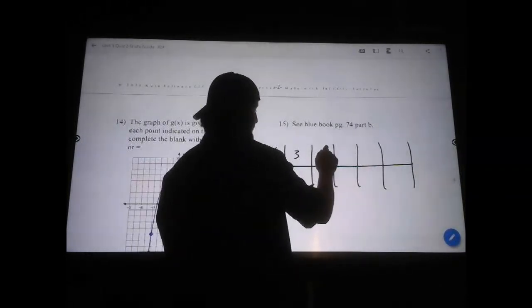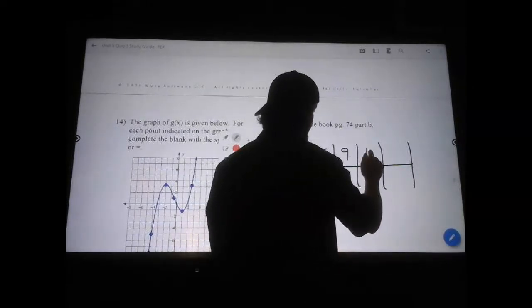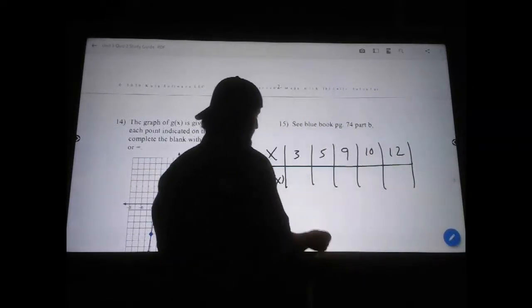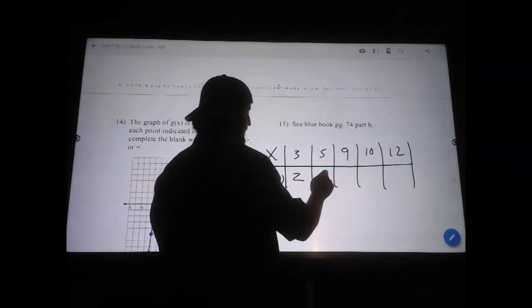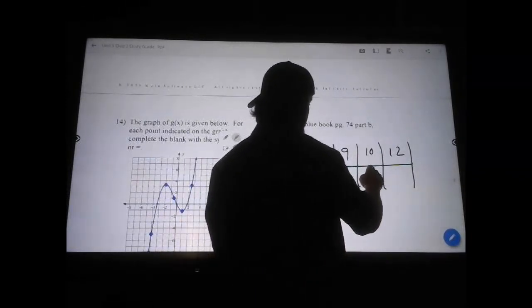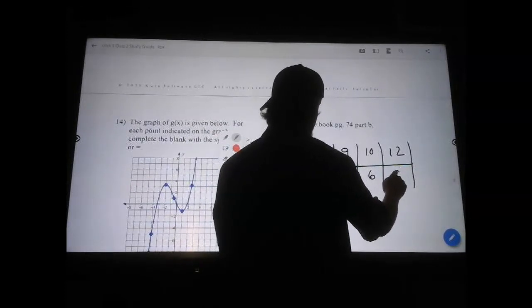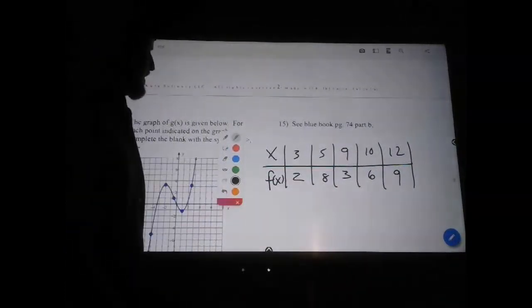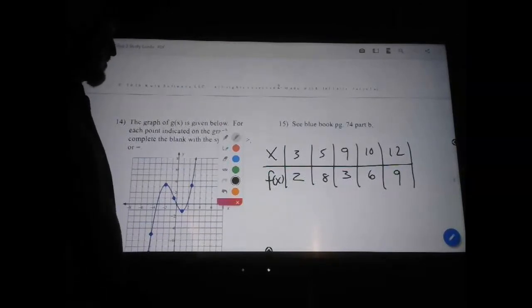Throw some random x values on here. Okay. And they ask you a question.